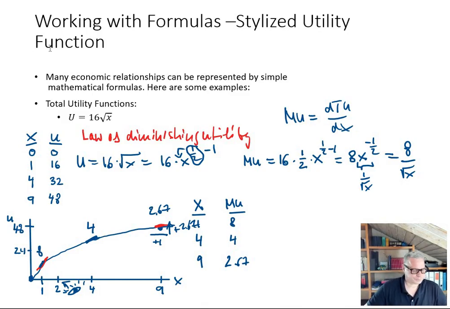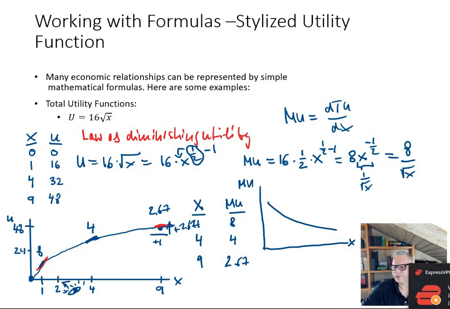Okay, so if I drew the marginal utility, maybe here I draw the marginal utility. Again, I have x here, and here the marginal utility. Those values will give us a formula that looks something like this.